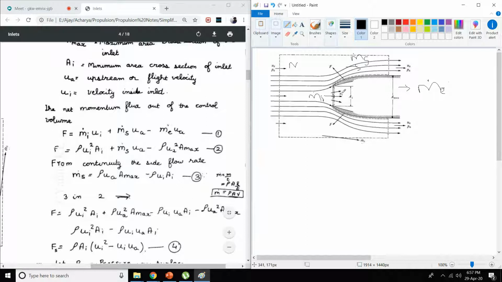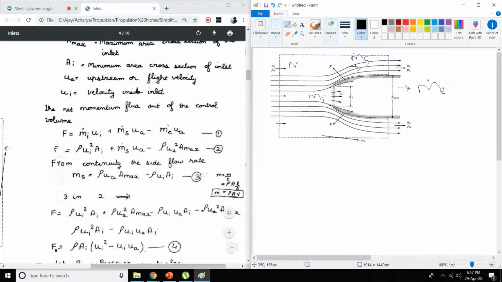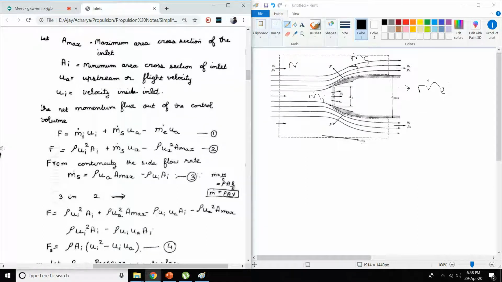So MI UI, that is the velocity at that point, and MS UA, that is the velocity of the spillage, minus, because sorry, one second, this is going in this direction, but this is relative to MI, so to calculate this, it should be negative. So MI UI, MS UA in this direction, and ME UE is negative. I hope you're writing it down parallelly so that you can understand.